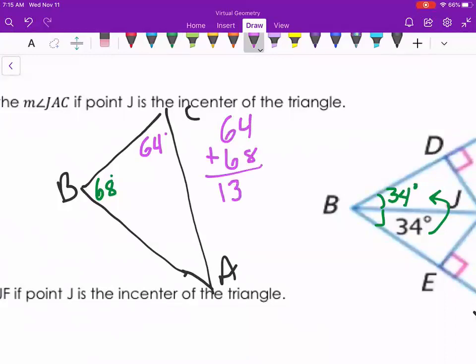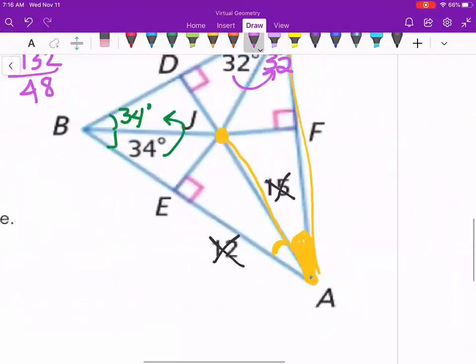Which is 132. I can now take that 132 out of 180. So that leaves me with 48. Okay, and now remember, the entire large angle at angle A is 48, but I only need a piece of it.